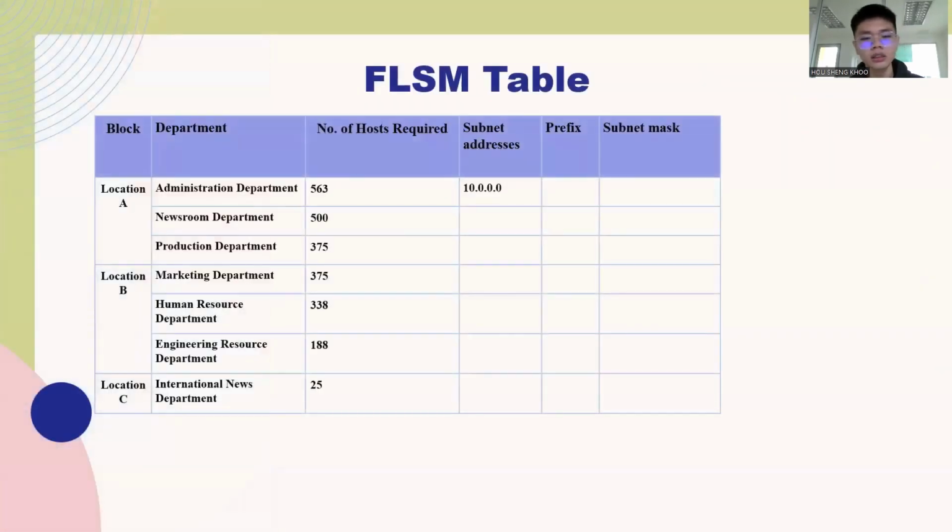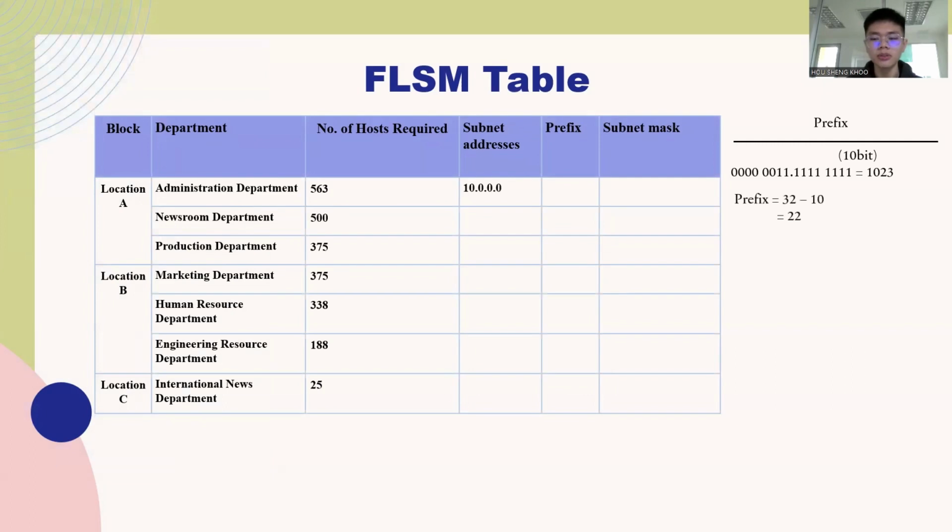After that, this is our FLSM table. First of all, we need to calculate the prefix. In the prefix, we need to fulfill the hosts required, so we use 10 bits. After that, the prefix is 32 minus 10 bits, so the prefix is /22. Since we are using FLSM, all of the prefixes are the same.